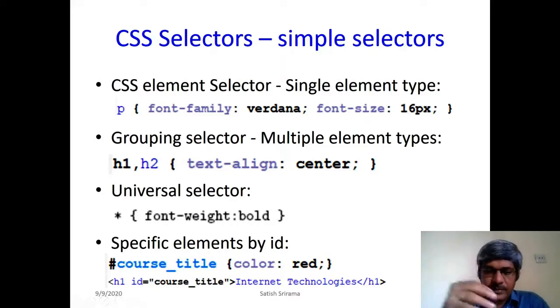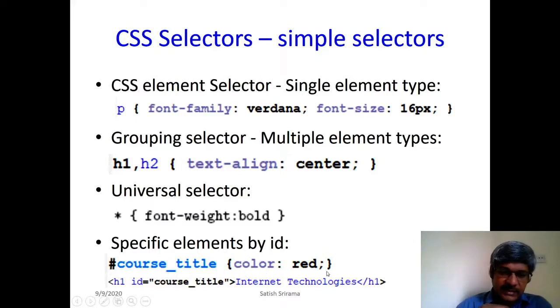There will be certain requirements in some pages. However, if you want to apply a certain style only to a particular element, this is where the ID comes into the picture. For example, you can have the selector as post title. If you want the post title to be red text, you can specify a selector for that and put an ID on that H1 heading.